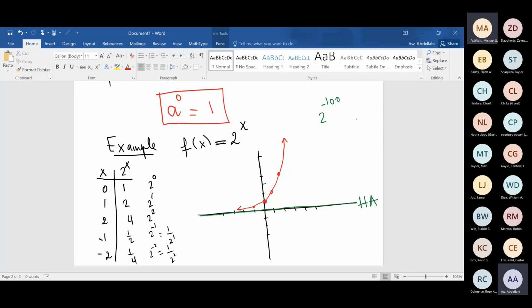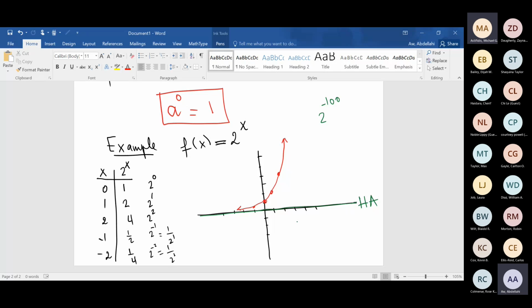So this is how the exponential function looks when the base is greater than 1. It is a function that is quickly increasing. It goes up very quickly, and it will never be negative.